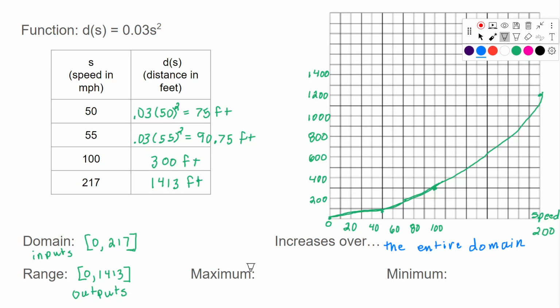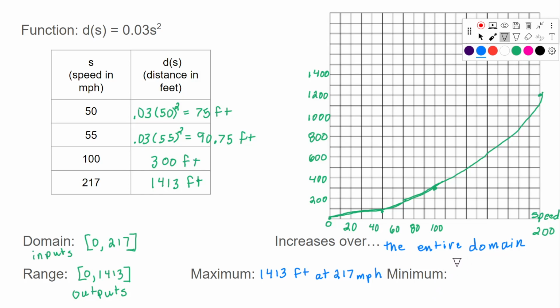Our maximum value comes from the maximum value of our range. And we're going to say that our maximum is 1,413 feet at 217 miles per hour.